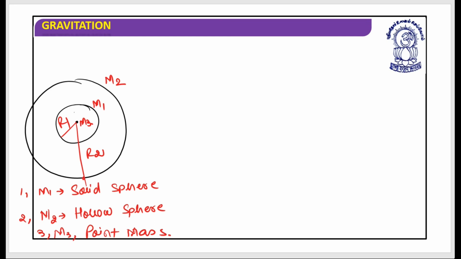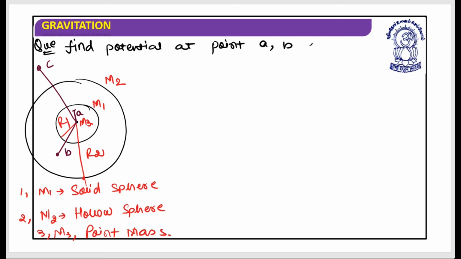Yes, this is A, this distance is B, and this distance is C. So what you need to do is find the potential at points A, B and C. How will you do this?